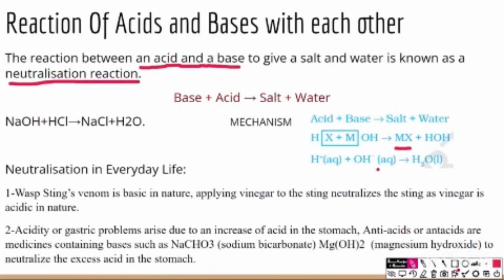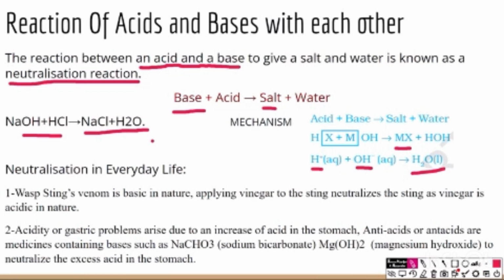Now, as the remaining parts have joined, we are left with hydrogen ion and hydroxide ion. Both of them combine to form water. So this is the complete mechanism behind the neutralization reaction. It is the reaction of an acid with a base which gives us salt and water. We have a very popular example of sodium hydroxide reacting with HCl to give us sodium chloride and water.